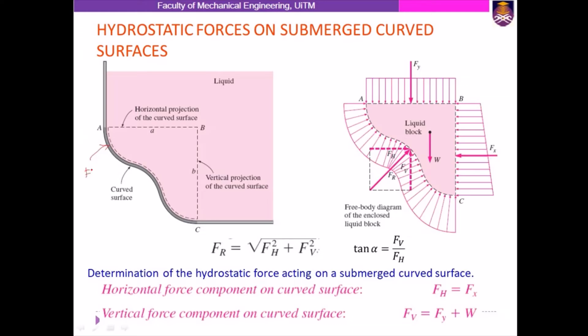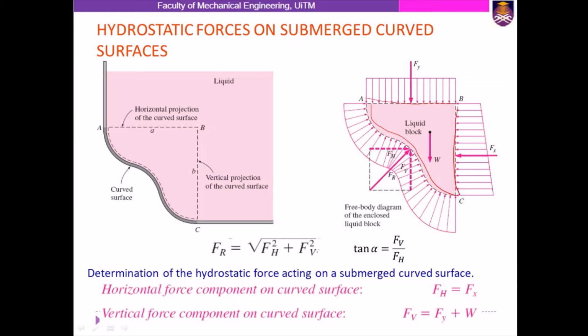So this is also a sample of a free body diagram, and this is how it looks when we put it outside over here. The free body diagram of the liquid block is enclosed by the curved surface. We are going to have a curved surface like this over here, and also two plane surfaces. One is the horizontal plane surface, and another one is the vertical plane surface, so this one.